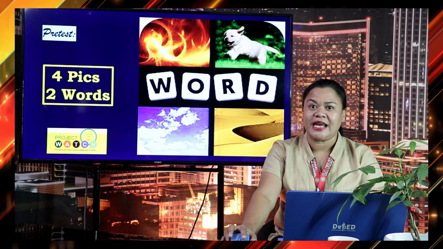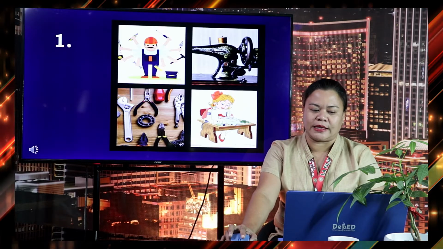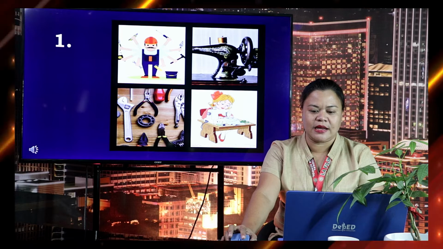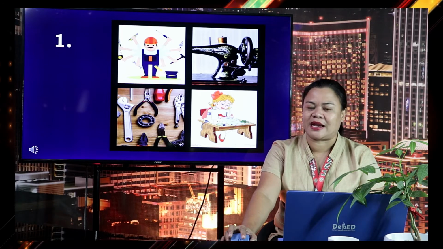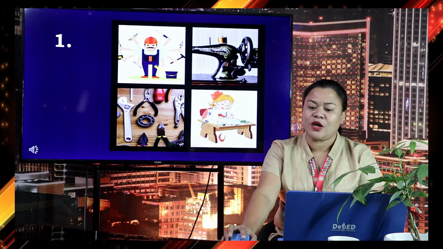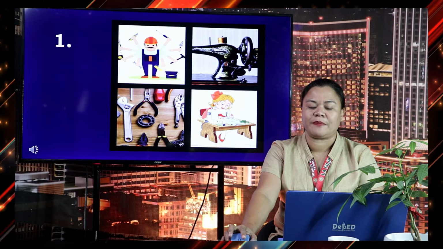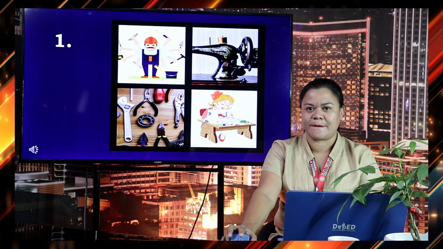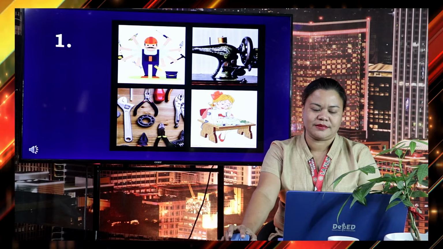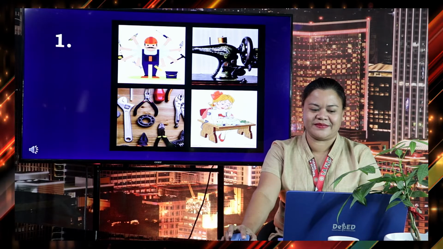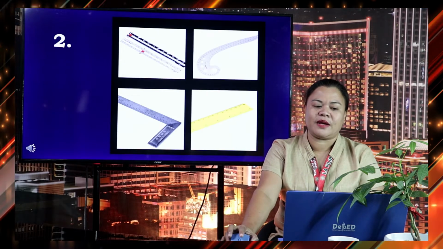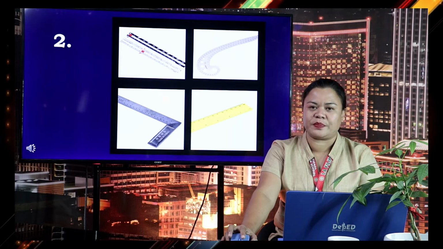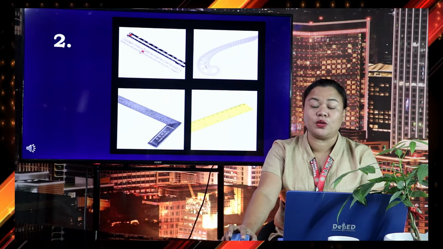Okay, are you ready? Number 1: handyman, sewing machine, tools, dressmaker. What specific word fits with the theme of the pictures? Your time starts now. Okay, number 2: sewing gauge, French curve, L-square, and ruler.